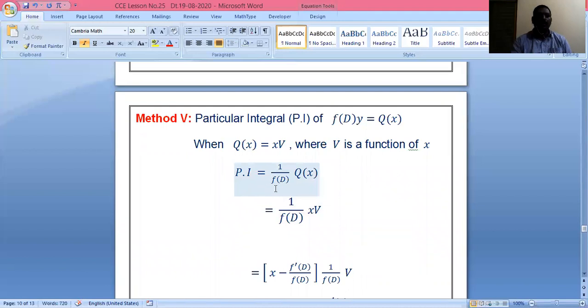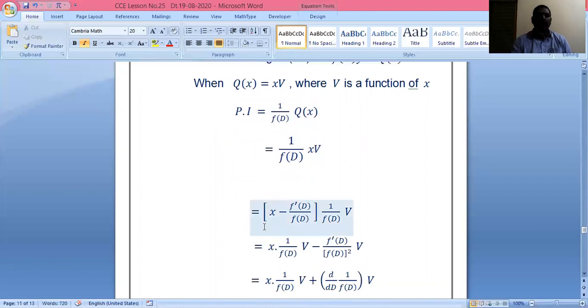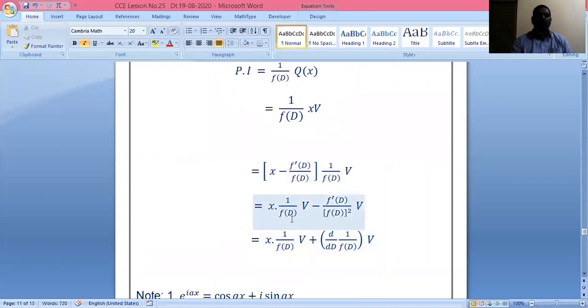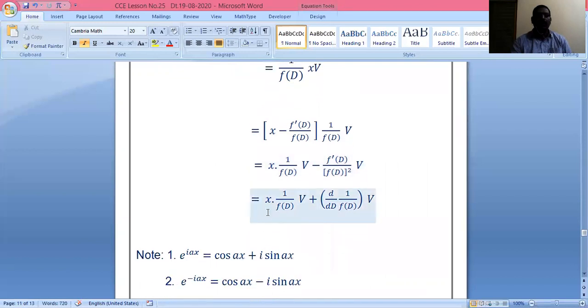PI is equal to 1 by f of D into Q of x, that is equal to 1 by f of D into x into V. That is equal to x minus f dash D by f of D whole square into 1 by f of D into V. That is equal to x into 1 by f of D into V minus f dash D by f of D whole square into V. That is equal to x into 1 by f of D into V plus d by dD of 1 by f of D into V.